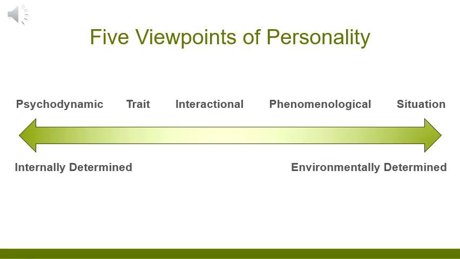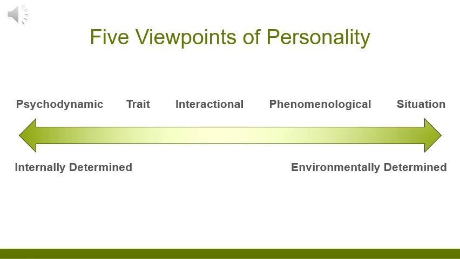So, if you were to chart the five viewpoints of personality on a spectrum, going from the most internally determined to the most environmentally determined, this is kind of what it would look like. The psychodynamic approach favored by Sigmund Freud says that everything is internally determined.